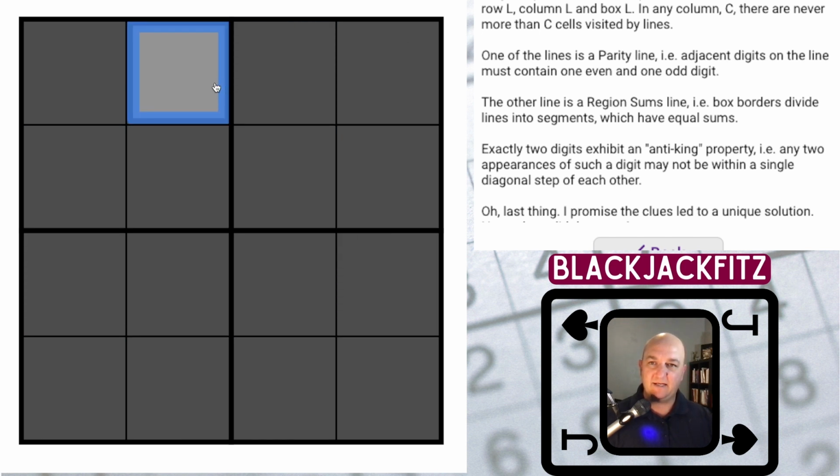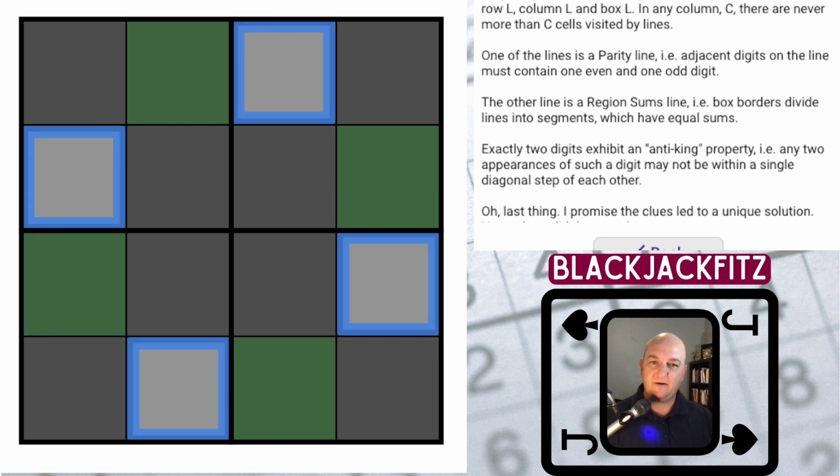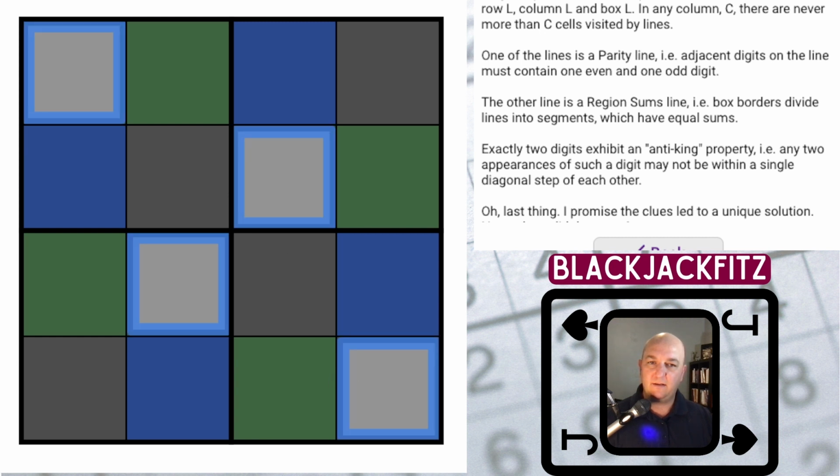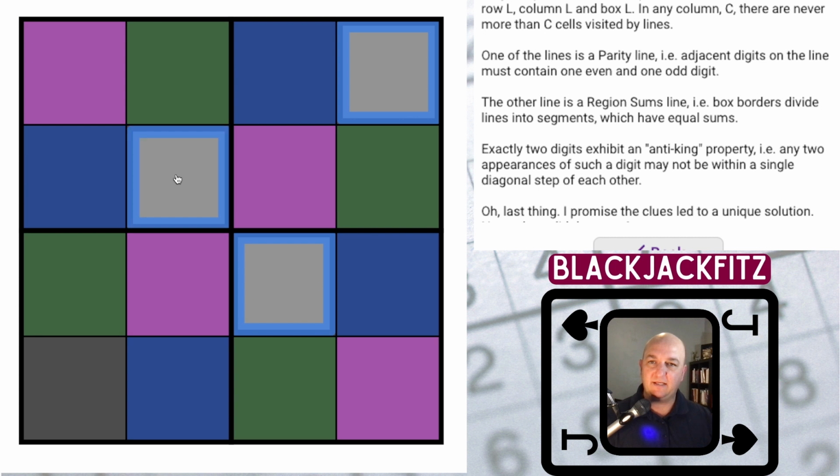So whatever that cell is, now it can't go there or there, so it has to go there, like that. And then I think we get this sort of pattern here, and now we get that. So I think this pattern's forced.